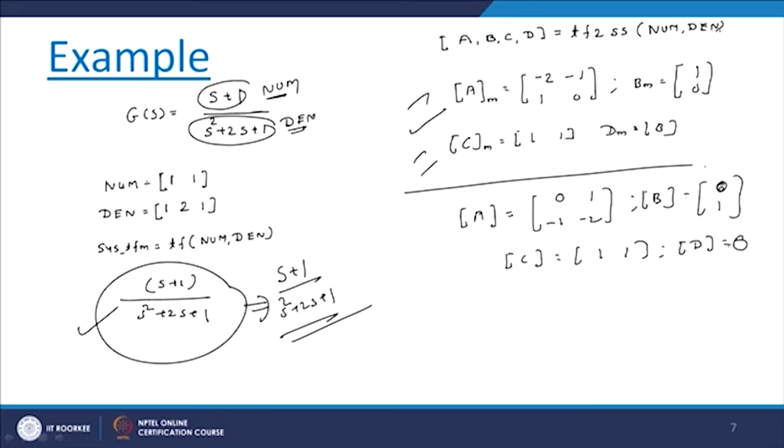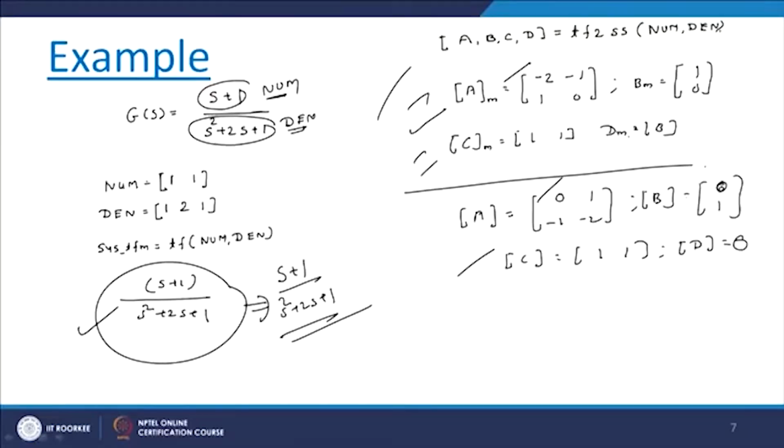That means using MATLAB you got this result, but you can also get the result manually. If you determine the eigenvalues, you will get the same values. That means properties cannot change if you convert a given transfer function model into a state space model. So A, B, C, D both are the same thing, properties remain the same.